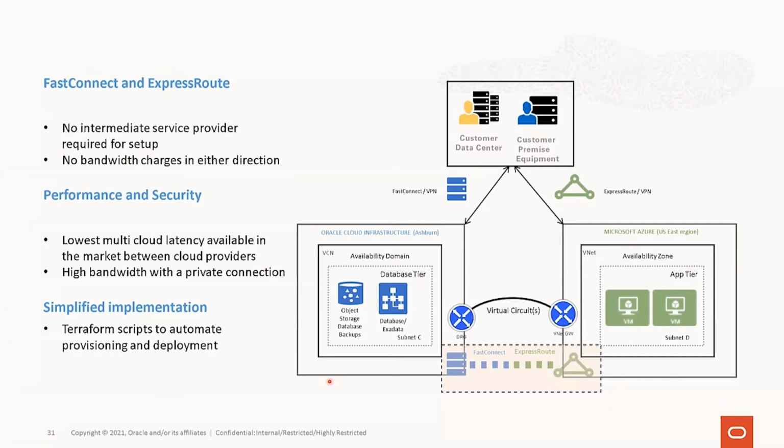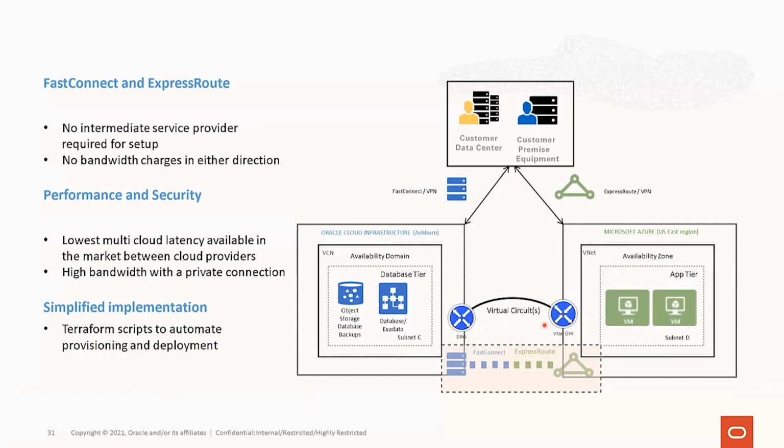Taking a look at the architecture, basically you can see on the left OCI using our DRG, that is our virtual network device where our FastConnect circuits are attached. And you can see on the right the Microsoft Azure tenant using the virtual network gateway and implementing ExpressRoute.